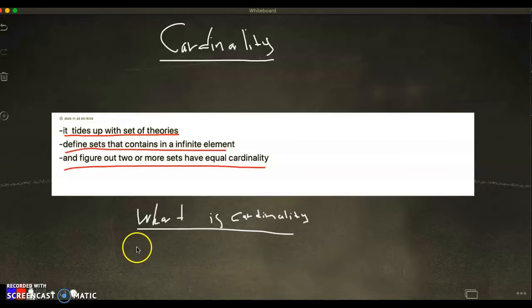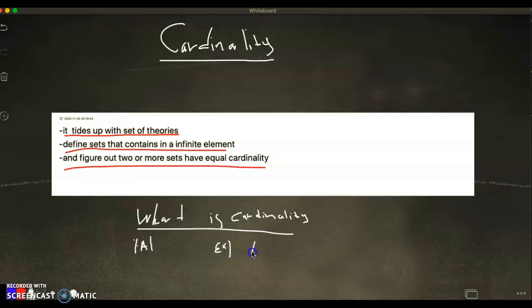For instance, to find the cardinality, we write the absolute value of A, where the two absolute value bars just mean cardinality. Now let's do an example.